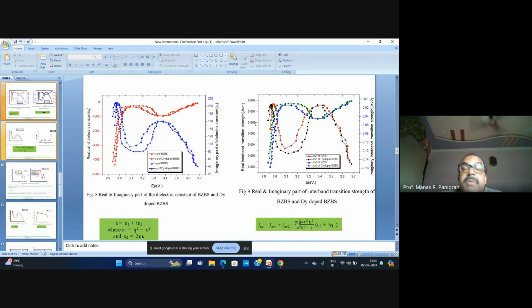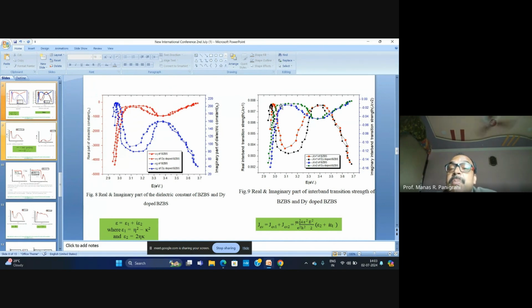The interband transition strength means you see here, this is the real part and imaginary part. Both are plotted. This side, this is the real part of the interband transition strength. This is the imaginary part of the interband transition strength. And here they actually follow a pattern, right? Increasing this side, red and blue, they continuously increase.